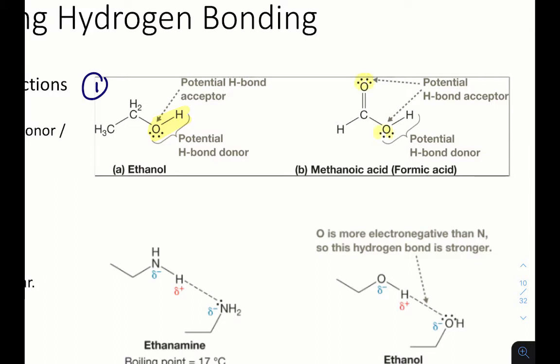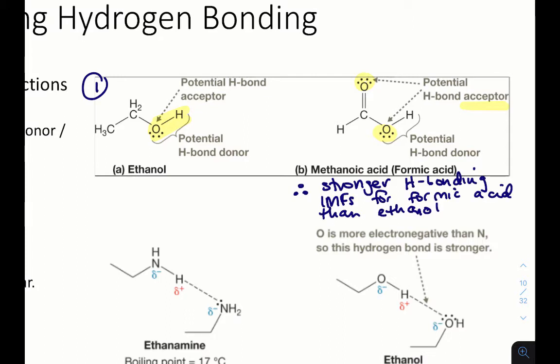Both of these oxygen atoms can act as hydrogen bond acceptors, rather than just the one site in ethanol. Thus, there are stronger hydrogen bonding interactions between molecules of formic acid than between molecules of ethanol. This will have consequences on the physical properties of these two molecules. For formic acid, we expect higher melting and boiling points than ethanol, for example.